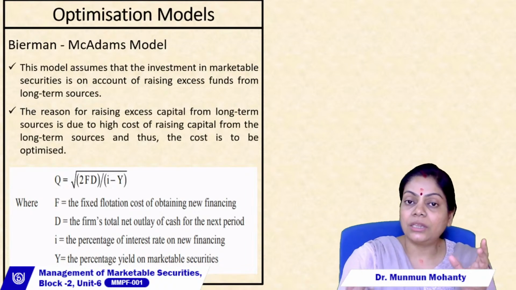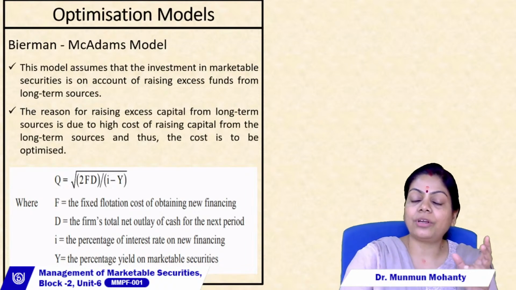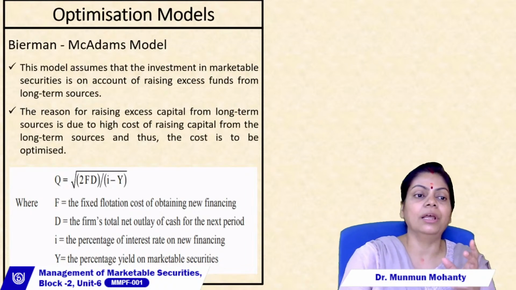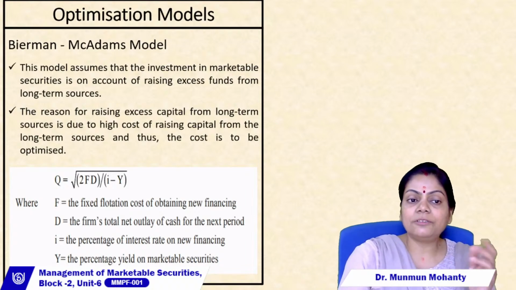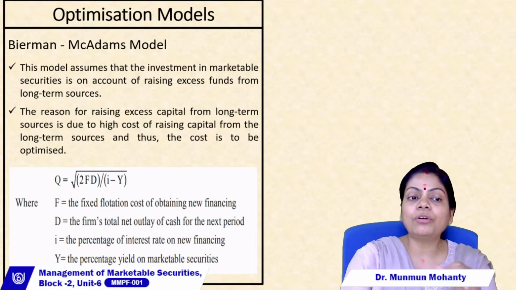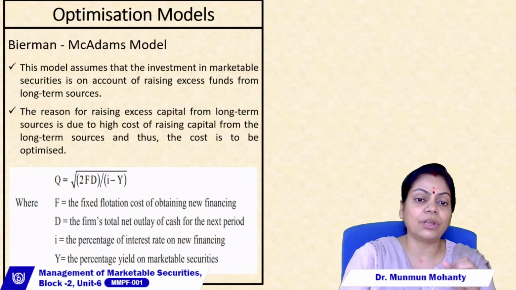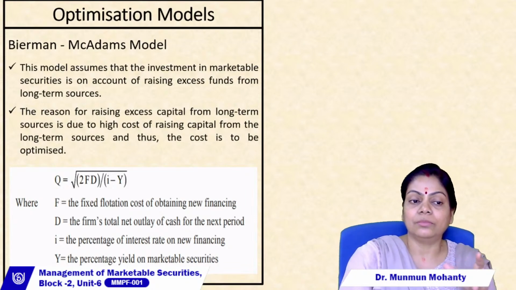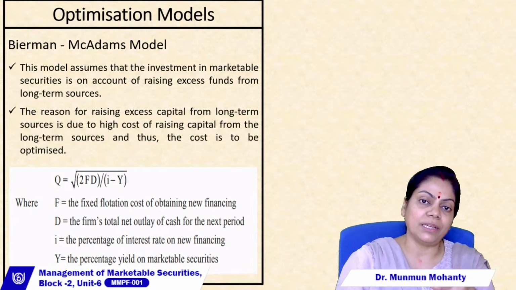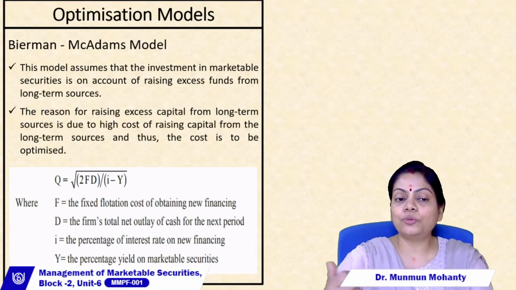So this particular cost is the essence of this model. The reason for raising excess capital from the long-term source is due to the high cost, and this cost, that is the flotation cost, needs to be optimized.